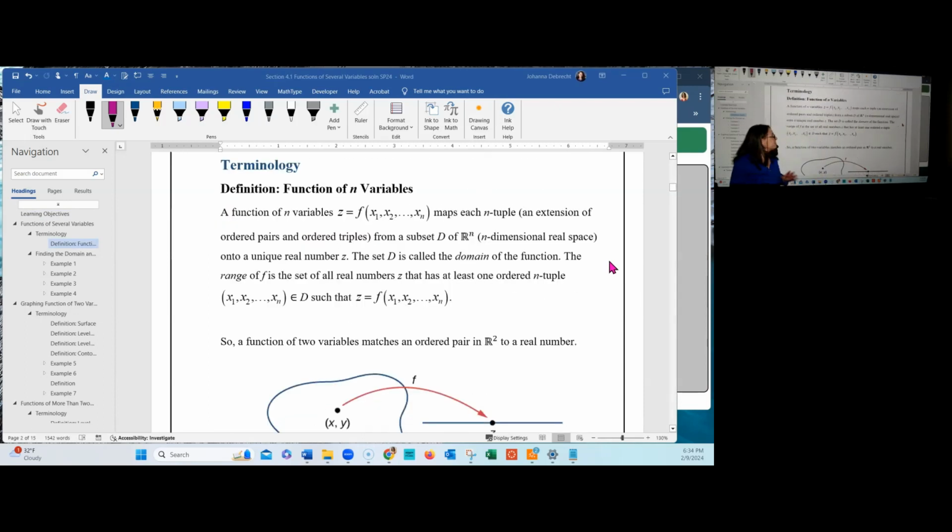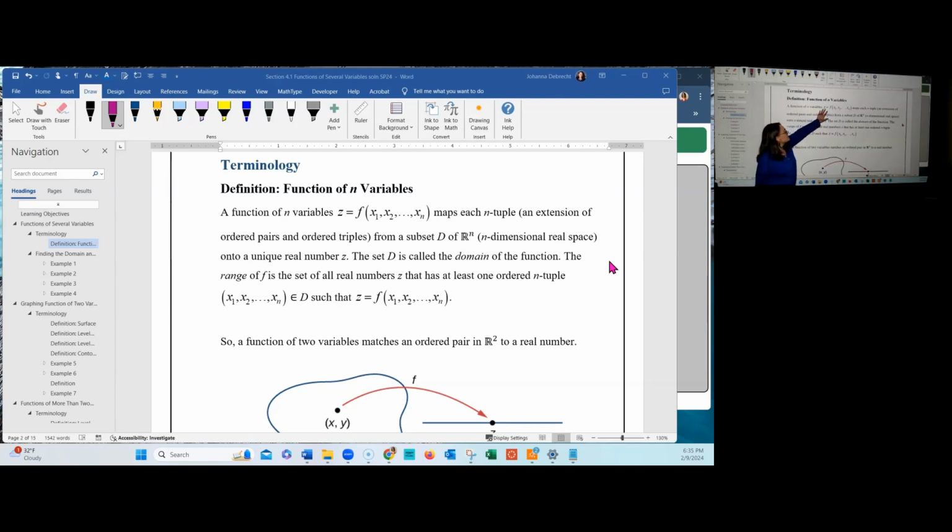We're going to start with the formal definition of a function of n variables, where n, the letter n, is representing an arbitrary number. Now, it does have to be a finite number, but we could have 42 independent variables. In fact, linear algebra deals with just such functions on a regular basis.